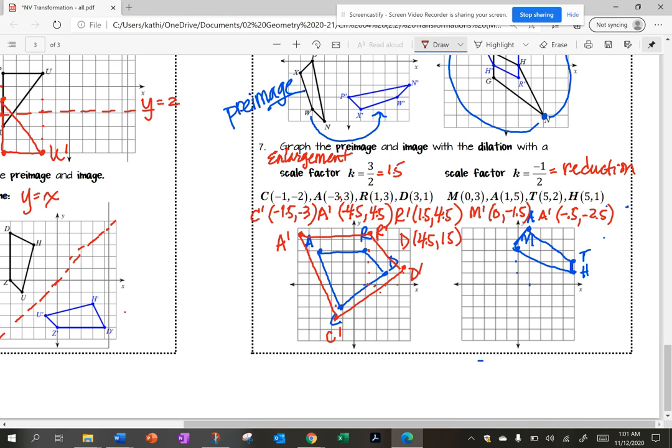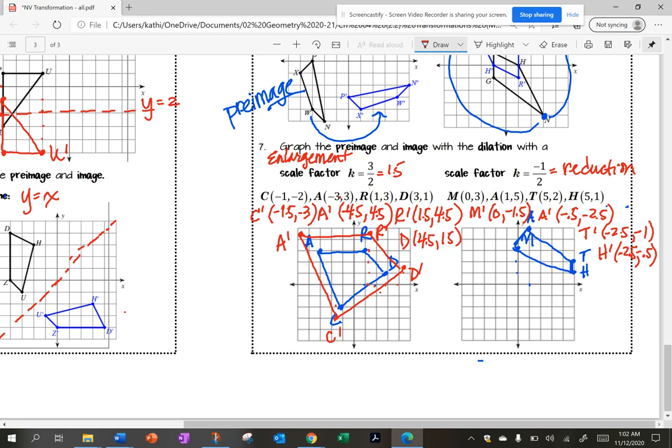T prime: negative 1/2 times 5 is negative 2.5. Negative 1/2 times 2, I'm sorry, is negative 1. And H prime: negative 1/2 times 5 is negative 5/2, so negative 2.5. Negative 1/2 times 1, negative 1/2.